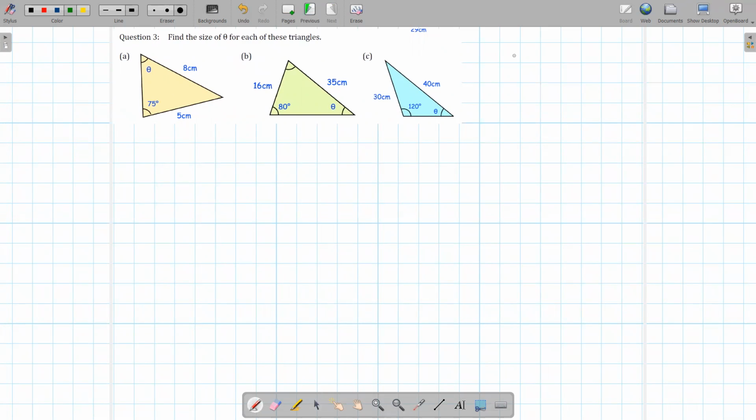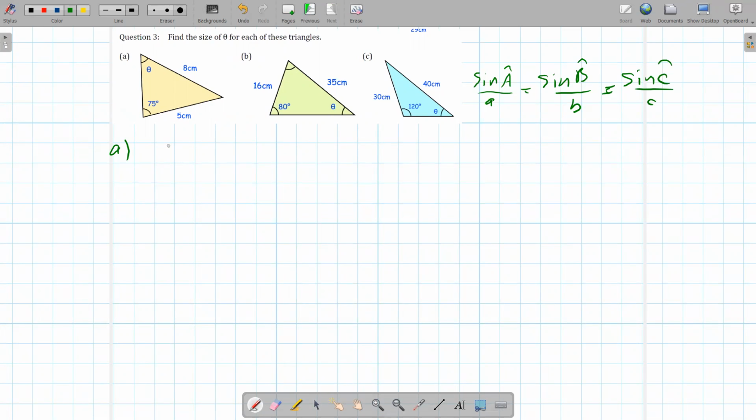We will write the rule here, which is sine angle A over A equals sine angle B over B equals sine angle C over C. This is our rule. We will solve the first one to find the size of theta for each of these triangles.